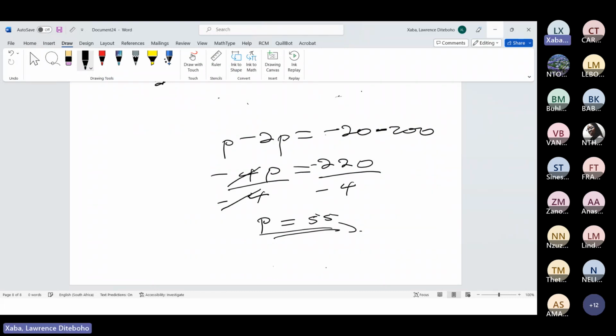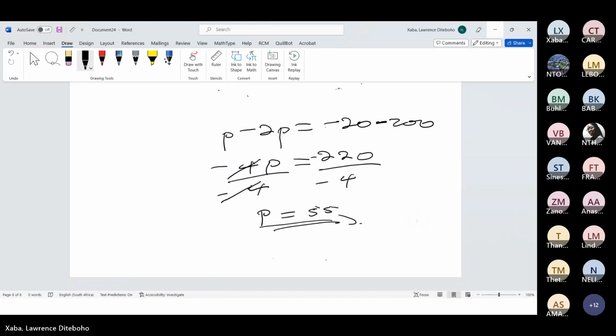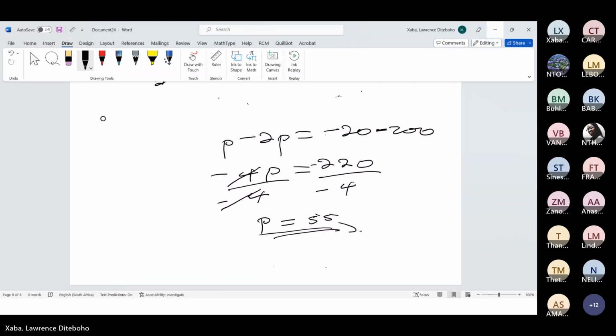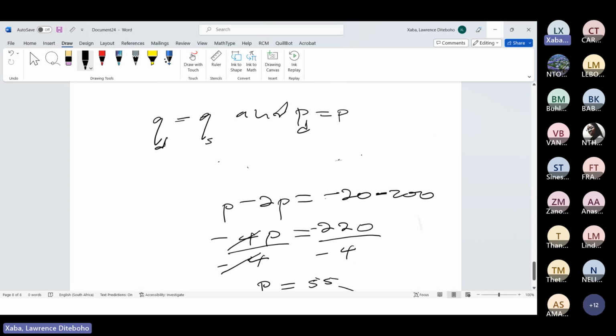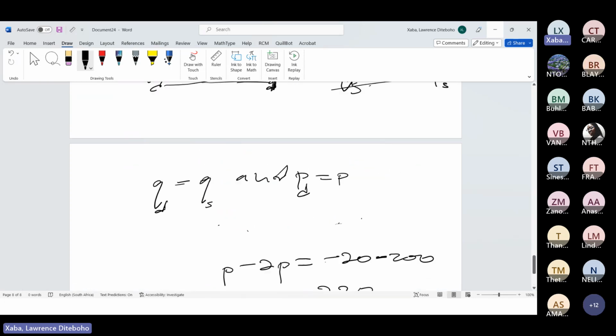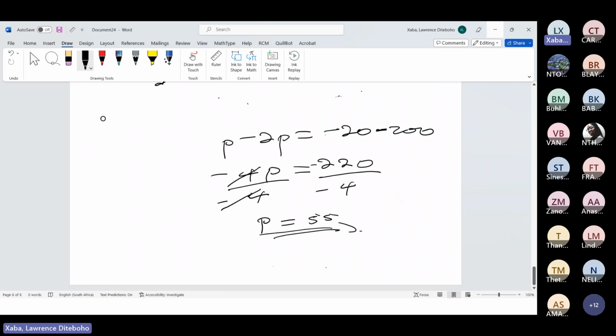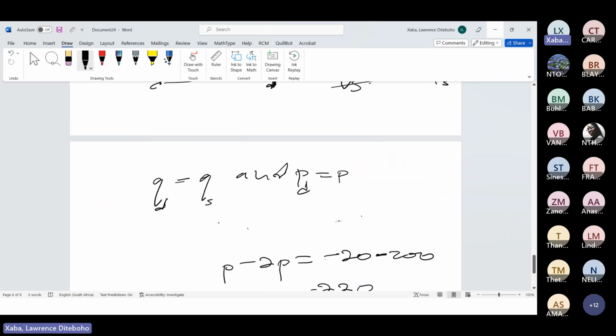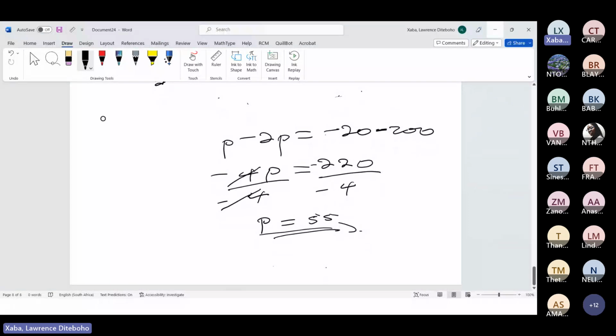Because for interest's sake, let's take this. If we are saying this is a price, we take one of the equations that we have here.